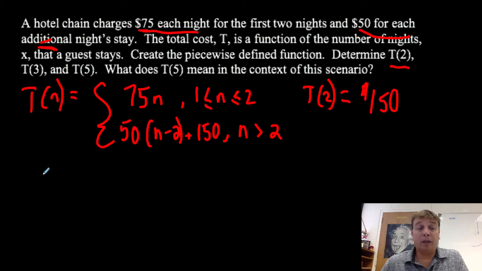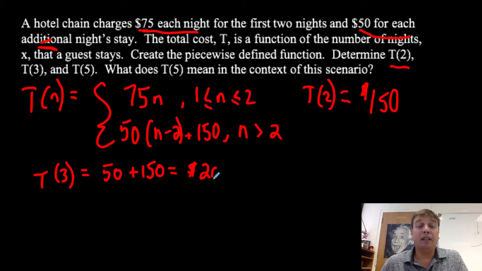Now let's think about T of 3. If I put a 3 in here, that's going to be 3 minus 2, which is 1. So I have $50 because I stayed the additional night, plus the $150 that I spent for the first 2 nights. So if I stay 3 days, it's going to cost me $200.